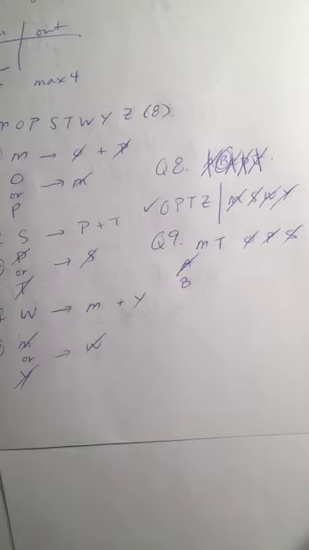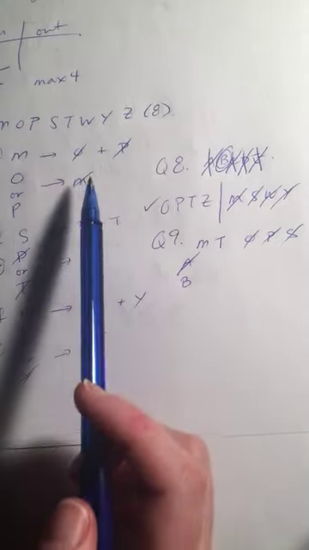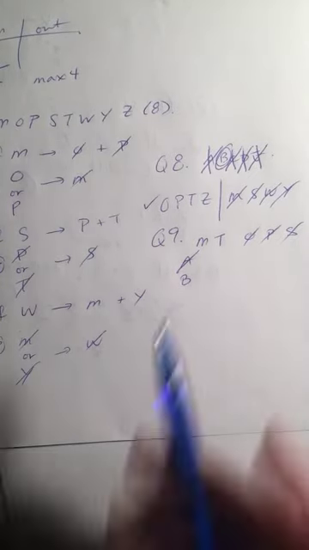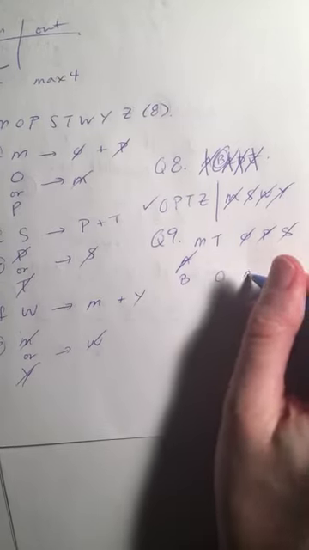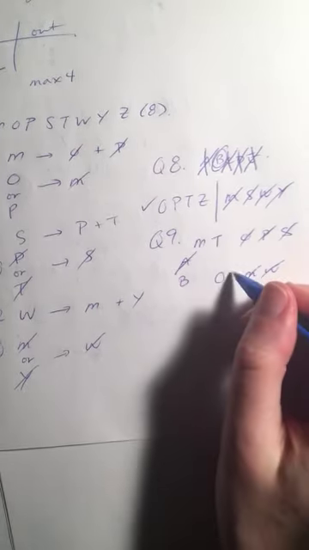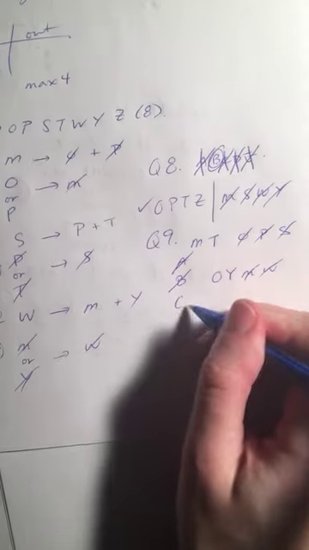For B, can O and Y be on a team together? So O being in means M and W are out. Okay, so M is out, which then triggers W to be out. Okay, and Y being on a team doesn't trigger anything. Okay, so B is fine.